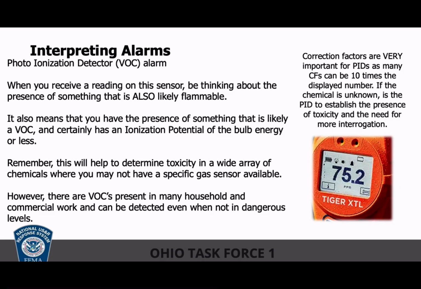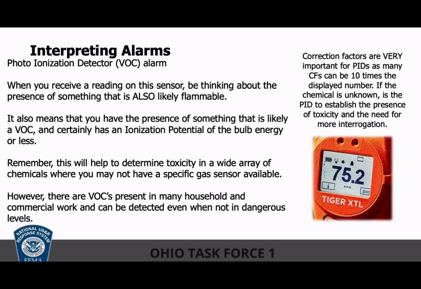Correction factors for PIDs are way more important because there are many correction factors that can be 10 times the displayed number. So if it's an unknown chemical or something far different than isobutylene, which I doubt you're making a lot of isobutylene leaks, just remember that whatever your PID is saying, it's probably incorrect. It may be higher than what's actually there, and it could be lower.